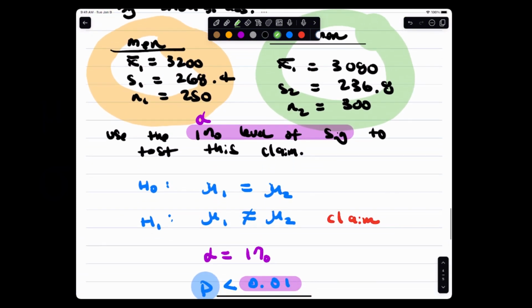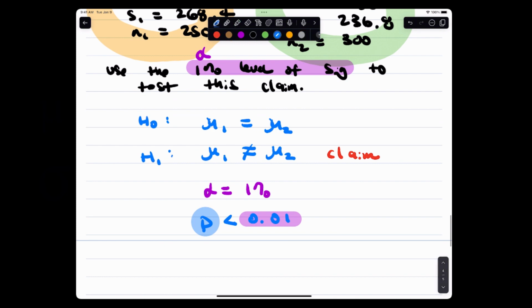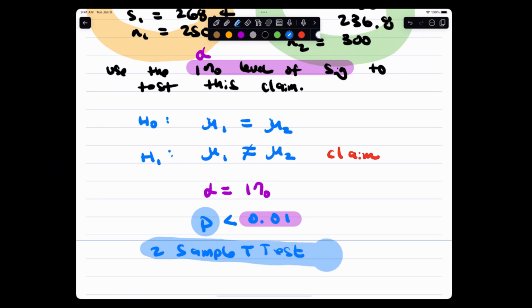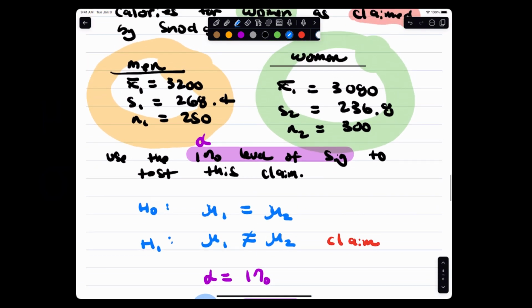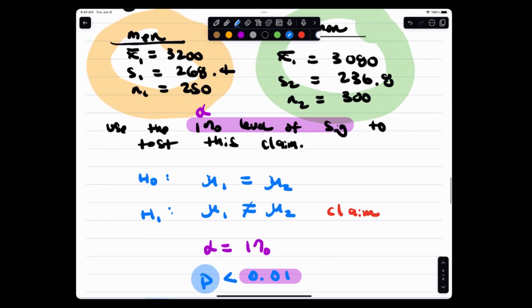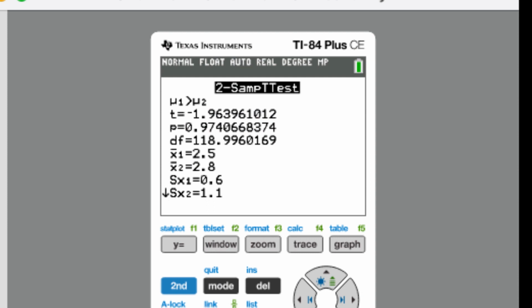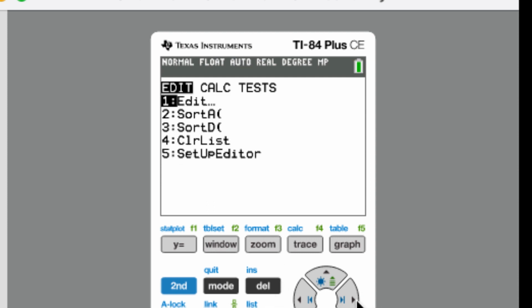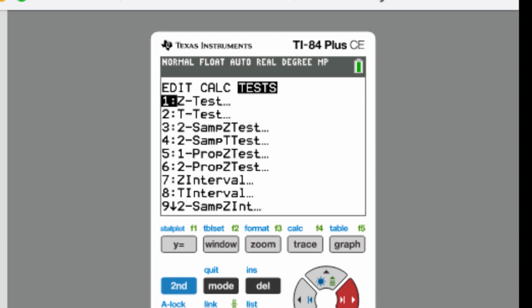Two sample what? You know, you can write it down. Let's try this out. Stat test. Two sample t-test.